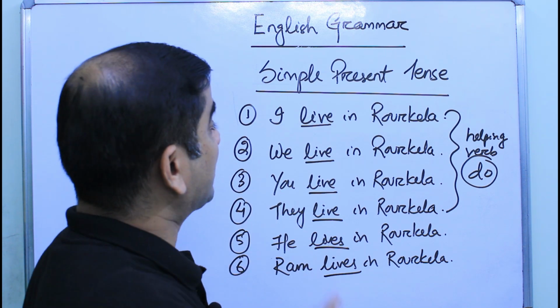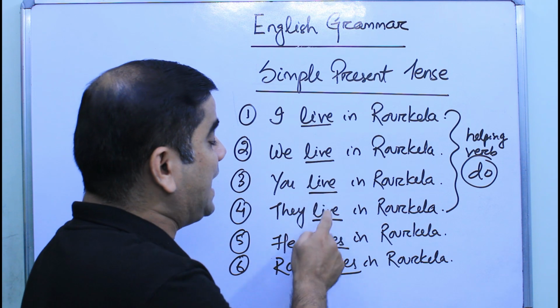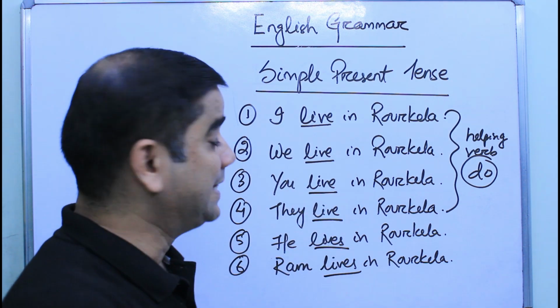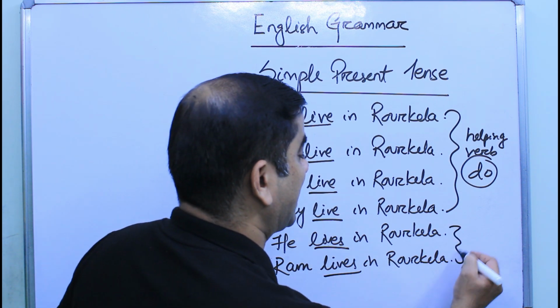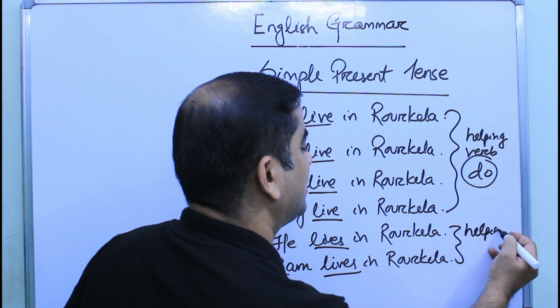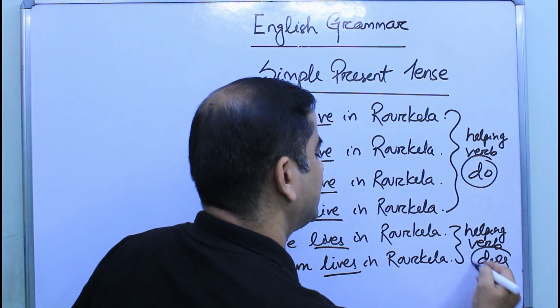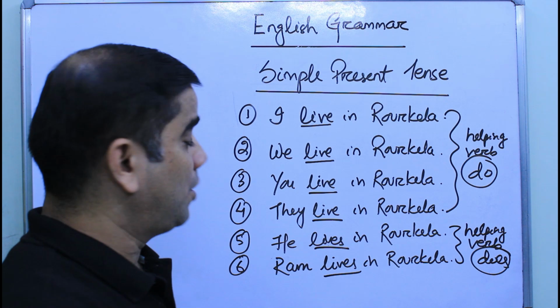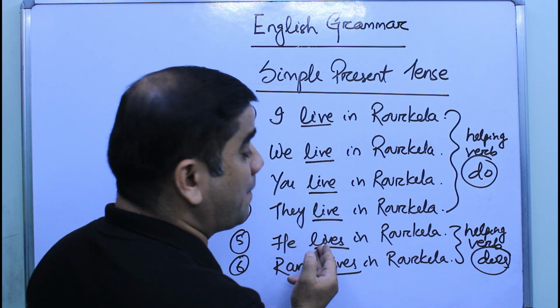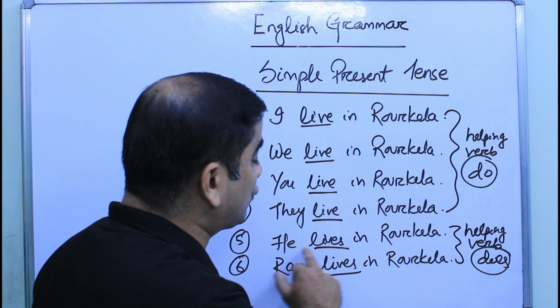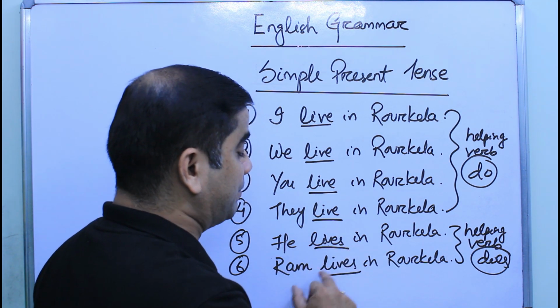That is why the verb leave doesn't change its form in the first four sentences. But in the last two sentences, the helping verb that is used is does. So, because the main verb is associated with the helping verb does, it changes its form into leaves.